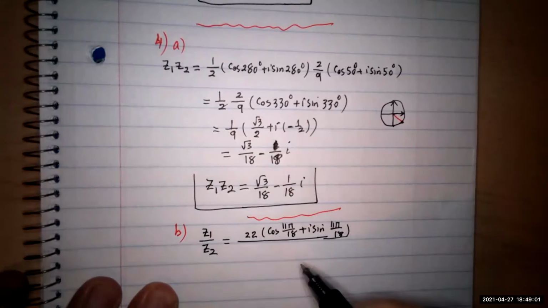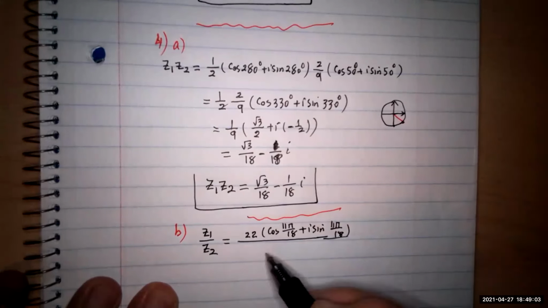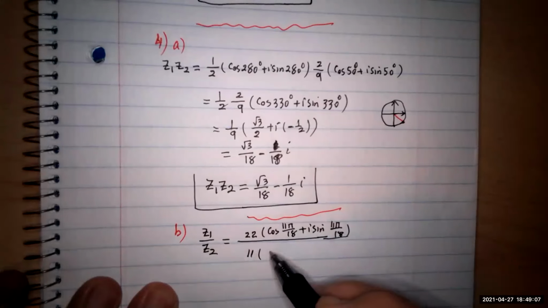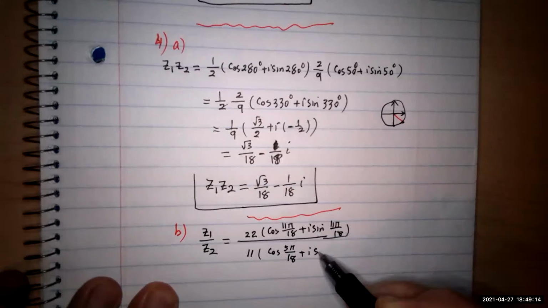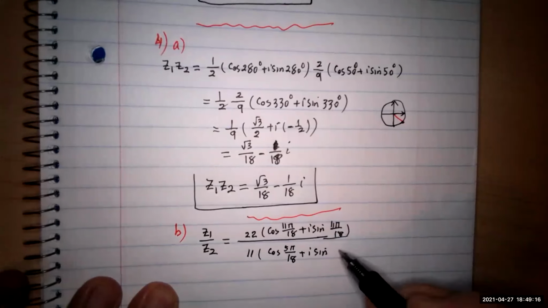Okay, you want to divide it by 11 CIS of 5 pi over 18. So it's going to be cosine of 5 pi over 18 plus i sine of 5 pi over 18.